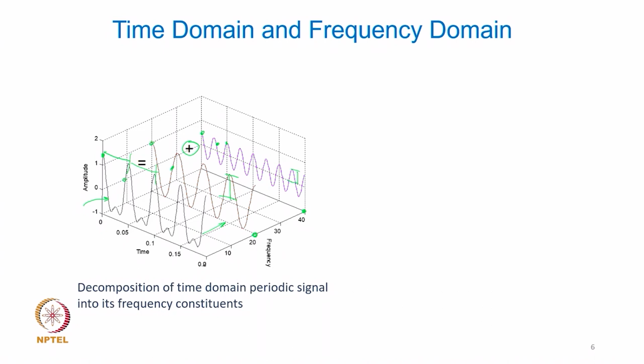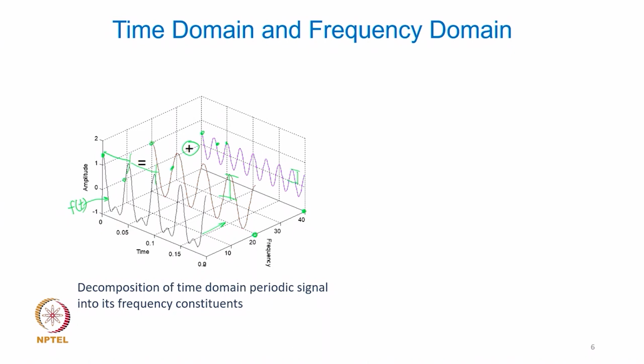So, basically you can algebraically add two sinusoids with their individual amplitudes and frequencies to make up the original time function. This is precisely what Fourier series decomposition is, that any periodic time function can be decomposed into its constituent harmonics.